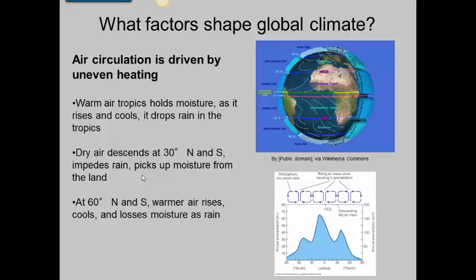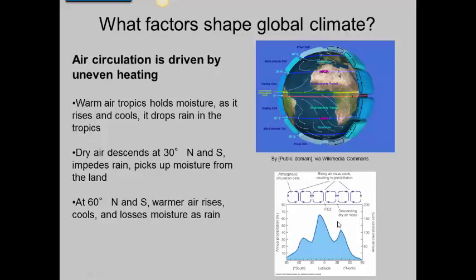This type of atmospheric condition impedes rain, impedes the processes that we just talked about that happen at the equator. And that dry, cold air, when it heats up, when it gets close to the surface of the planet, can actually suck moisture out of the soil and the water bodies on the land.